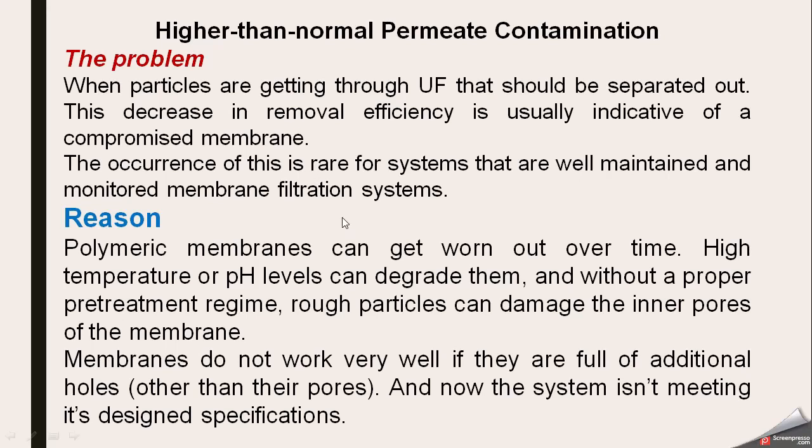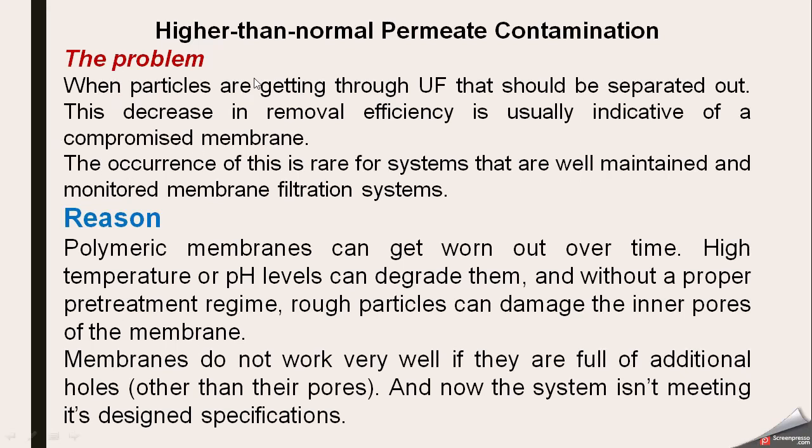And the third problem is higher than normal permeate contamination. Now when particles are getting through UF, they should be separated out. Basically this decrease in removal efficiency is usually indicative of a compromised membrane.